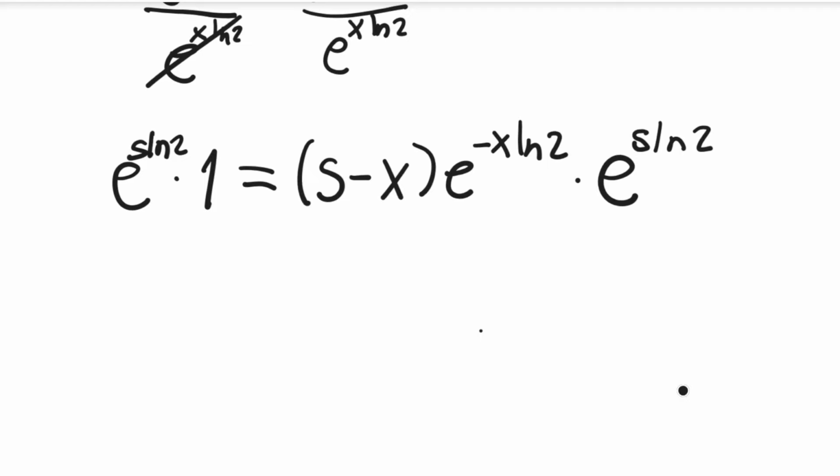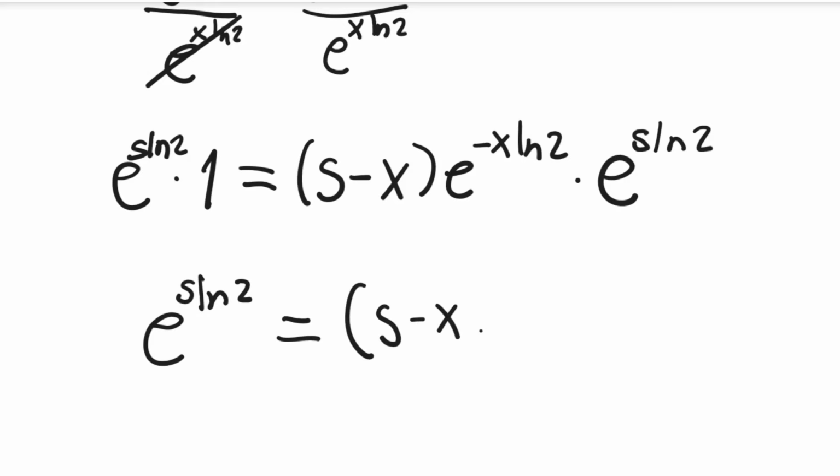Now we can simply add up the exponents of these two powers, and the equation is going to be simplified as follows. e to the 5 natural logarithm of 2 is equal to 5 minus x times e to the, I'm going to put this 5 in front of the x, 5 natural logarithm of 2 minus x natural logarithm of 2.